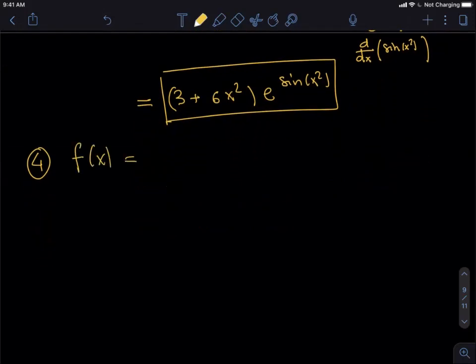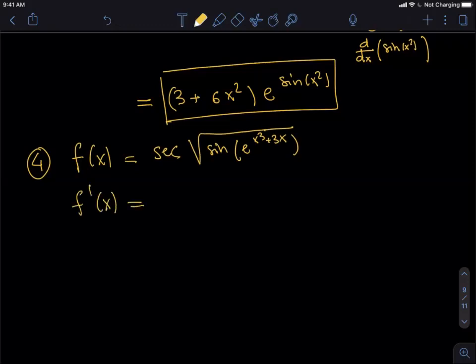We have f of x. Let's do something more difficult with the secant of the square root of the sine of the exponential of x to the power 3 plus 3x. How about that? Now is a good time to pause the video and try by yourself. So what is the derivative?